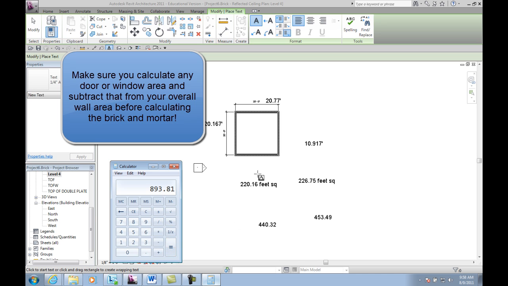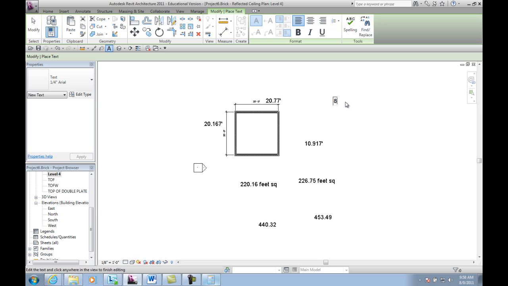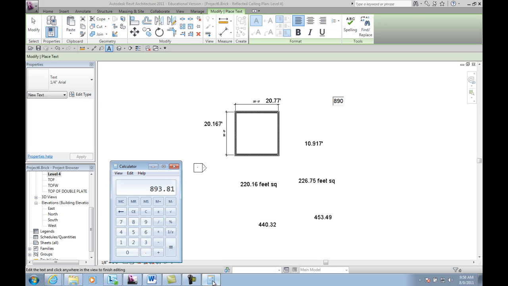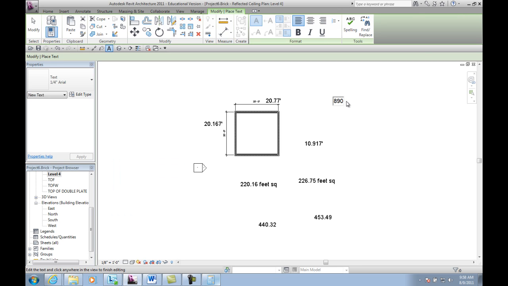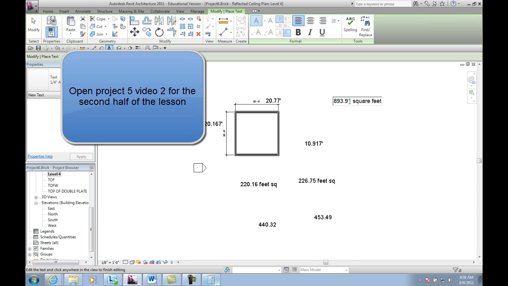So, in total, we have 893.81 square feet of materials that we need. 81. I put 91. Okay?